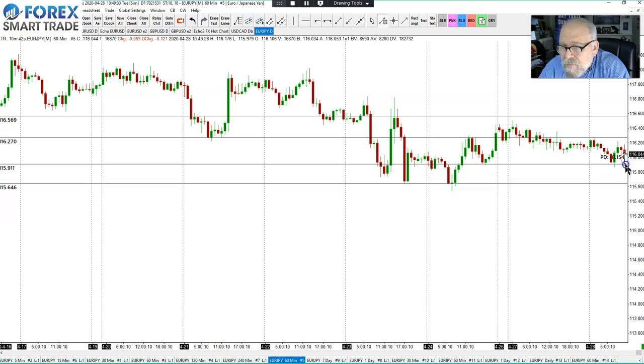So I've got 15 pips down, 20 pips up. The reason I care is because I am assuming that when it comes down, it's going to bounce off of this like it did here.